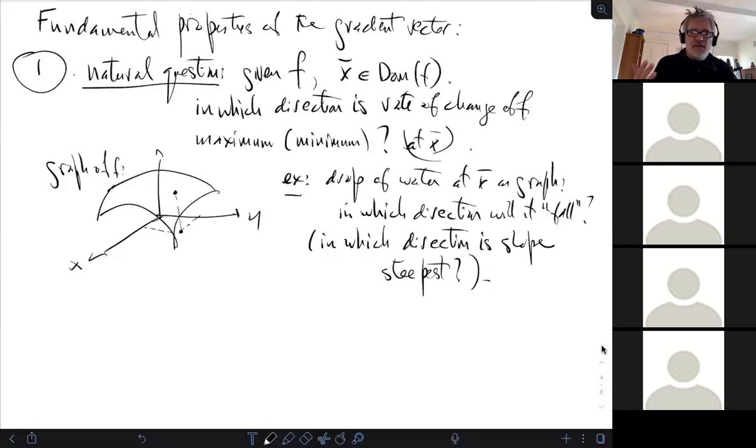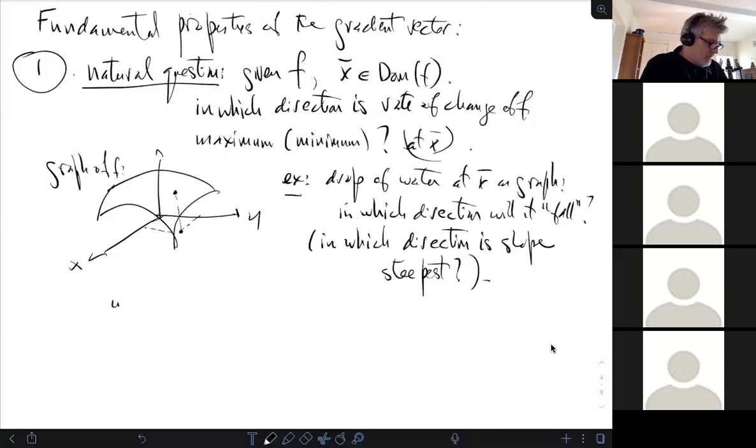Okay, so if you think just a few minutes about this, the direction where it'll be steepest going down should be opposite to the direction where it's steepest going up, right? So this is sort of clear, okay? So let's just find the maximum, and the minimum will pop out the same.